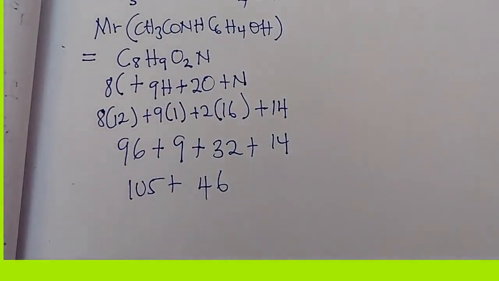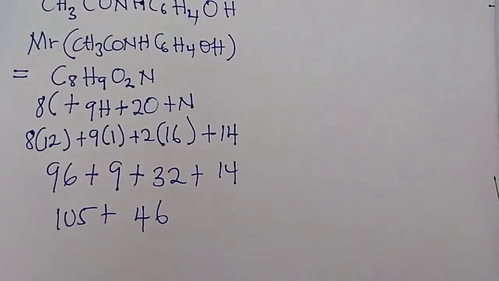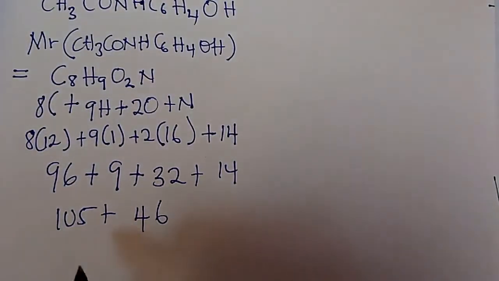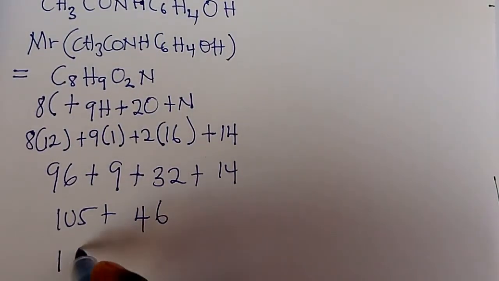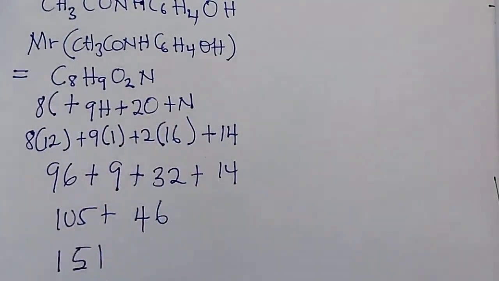Now as we are going, things become very simple. 105 plus 46 will give us 151. So 151 is what we get for the relative molecular mass of the painkiller paracetamol.